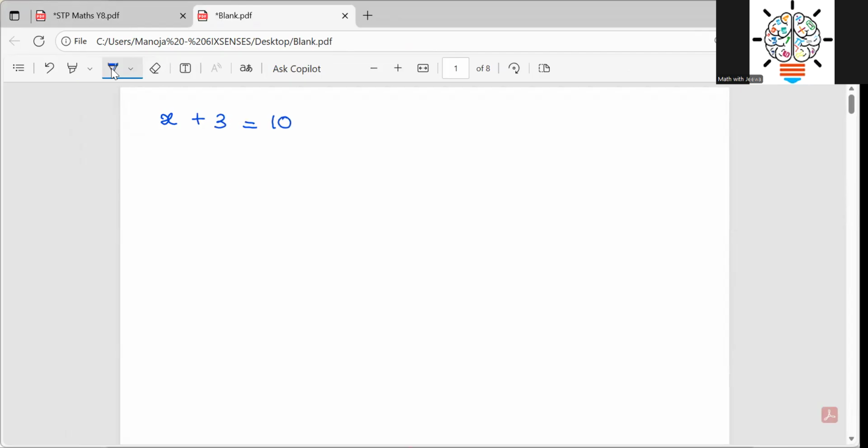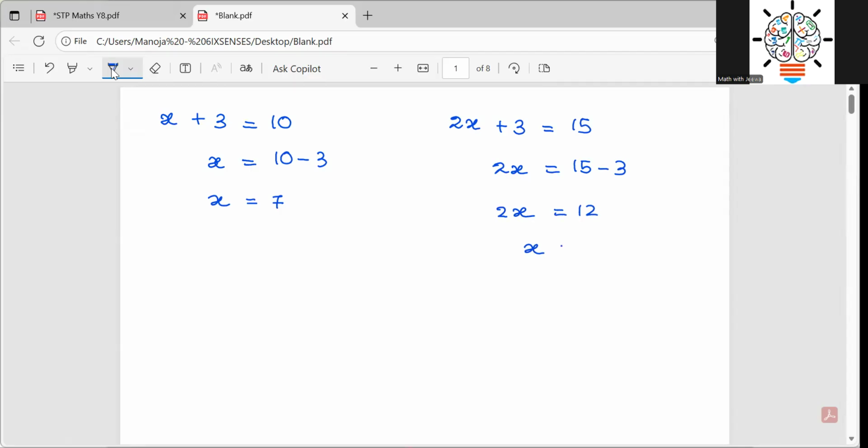You have only one variable and you find the x value like this, and you get x equal to 7. Or else sometimes you have 2x plus 3 equal to 15, and then you keep 2x here and 15 minus 3, and 2x equal to 12 and x equal to 6, right?